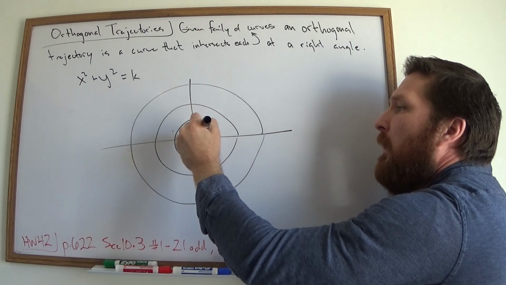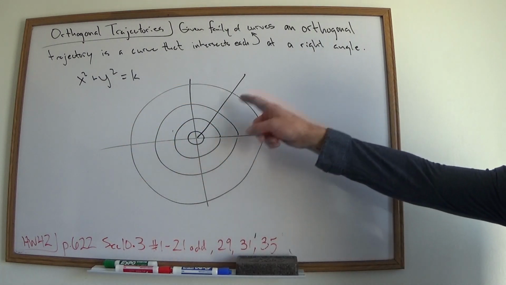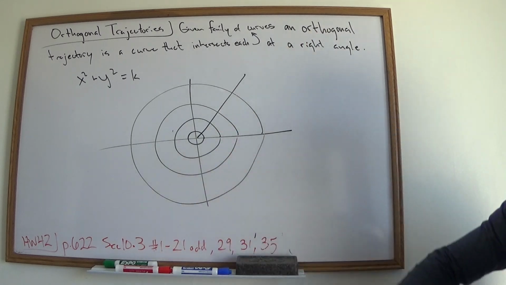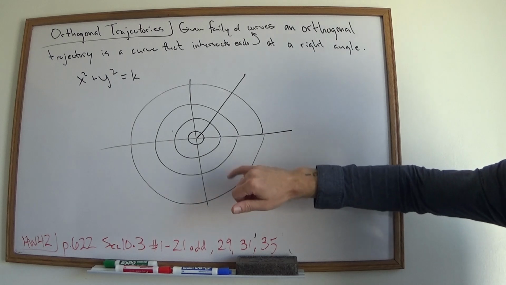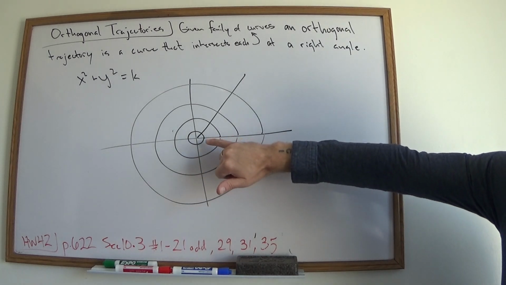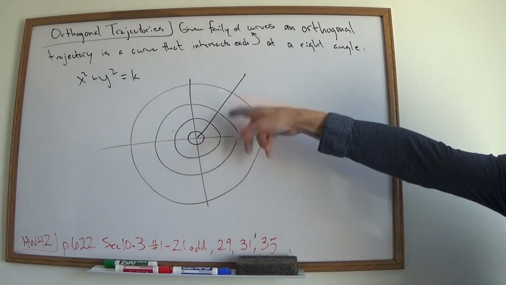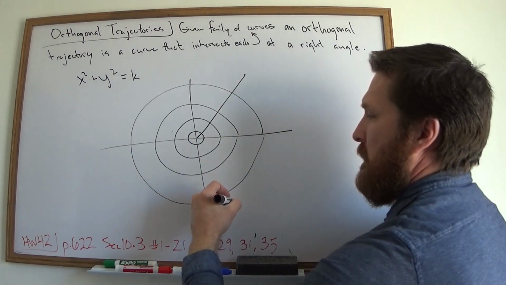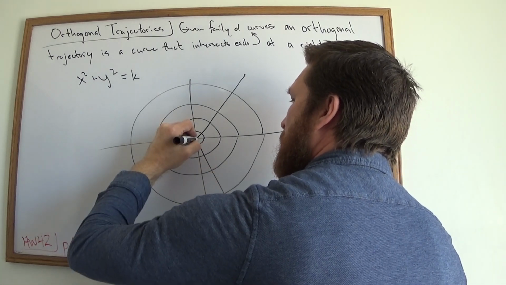Well, that's an orthogonal trajectory because it's a curve. That thing itself is a curve. I know it doesn't curve, but remember, curve just means that. So it's a curve, and every time it intersects one of these, it does so at a right angle. And it doesn't matter, as long as this thing goes through the origin and is a straight line.